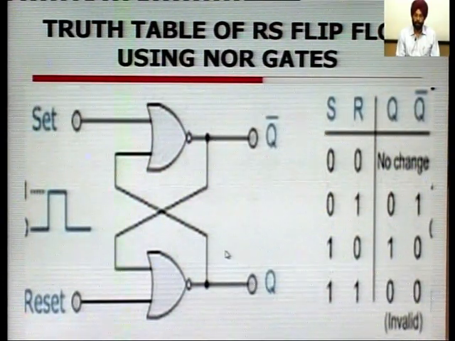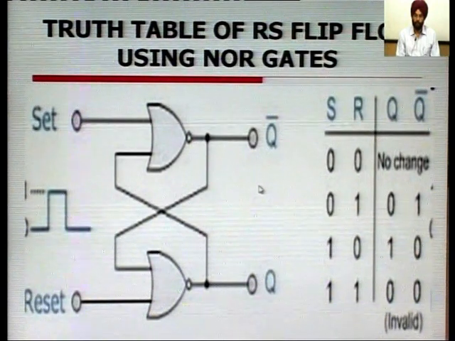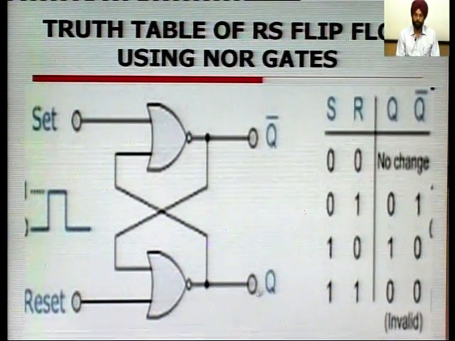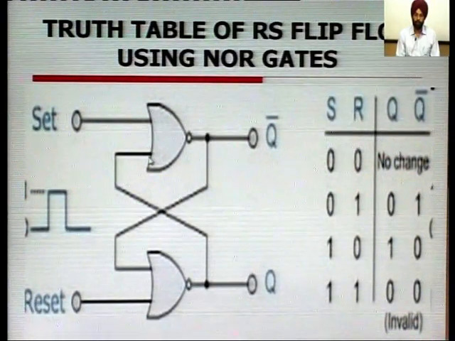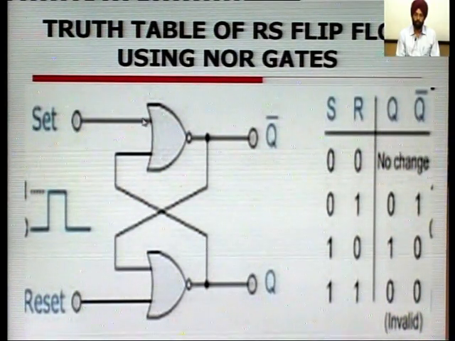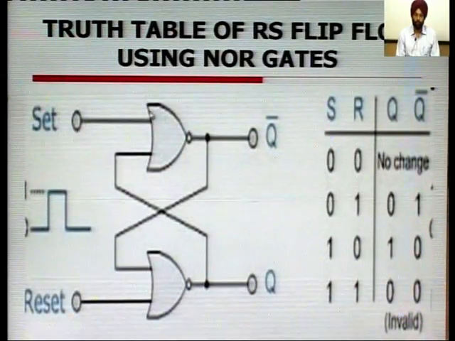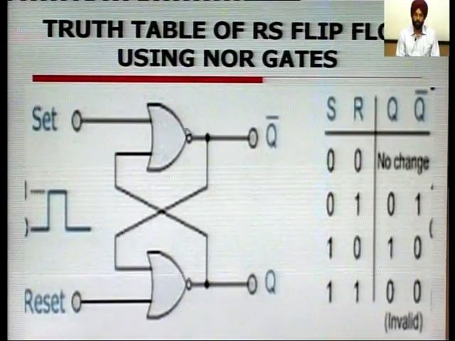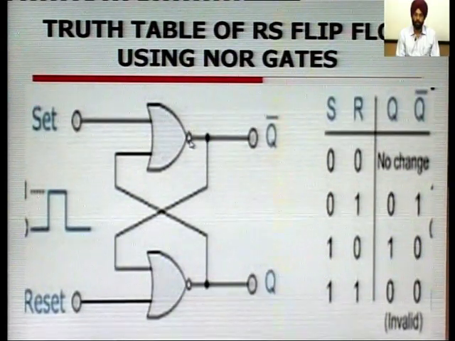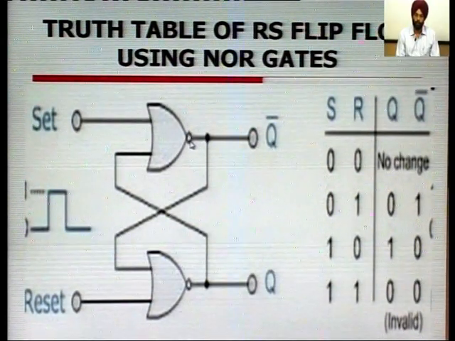Now, previously the flip flop is in the set condition, that is Q is 1. When this one input is given here and the other input is also 0, both inputs to the OR gate are 0 and the output of the OR gate is 0, and there is a NOT gate after the OR gate.